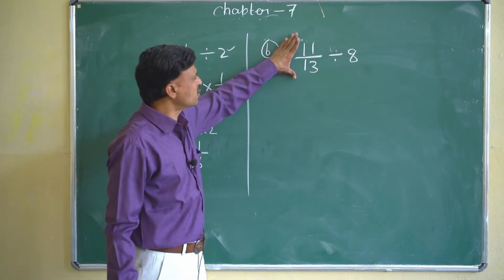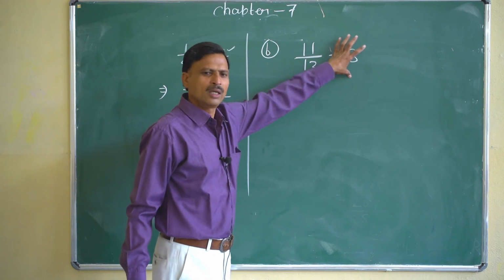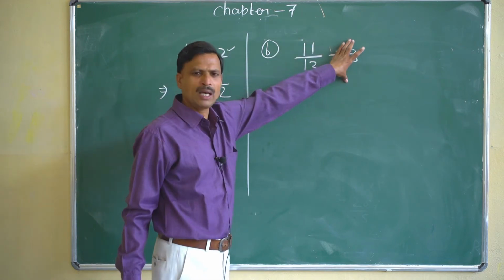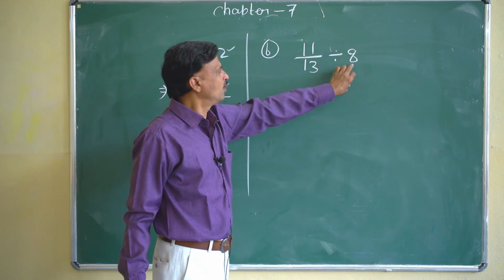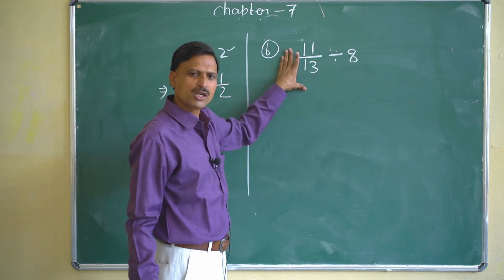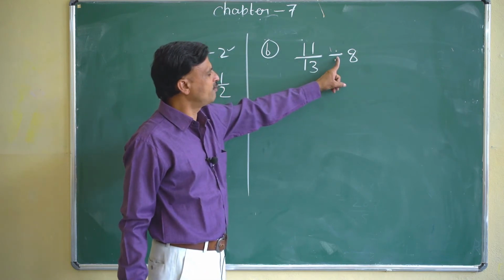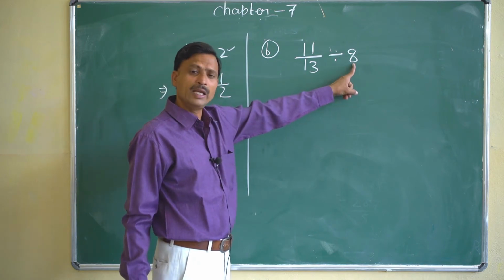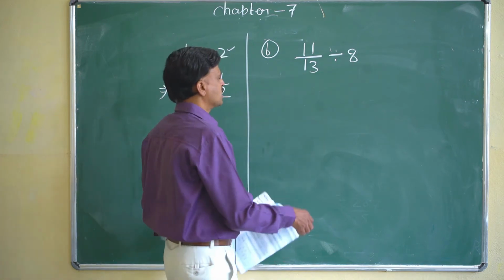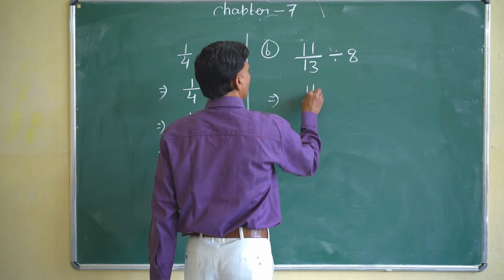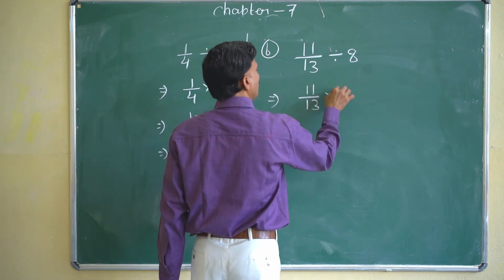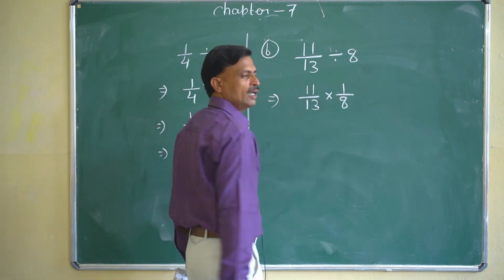This is a fractional number, this is a whole number. So this division will convert into multiplication and this 8 becomes 1 by 8.